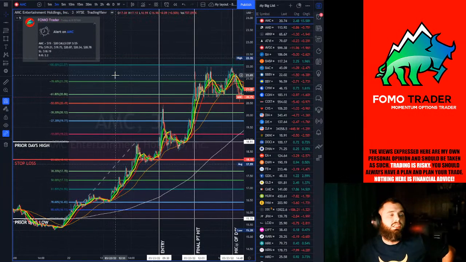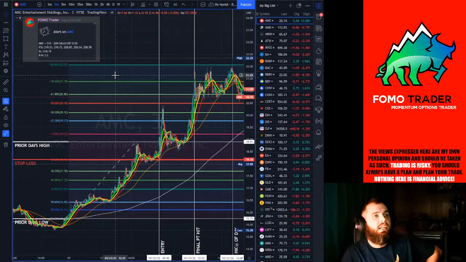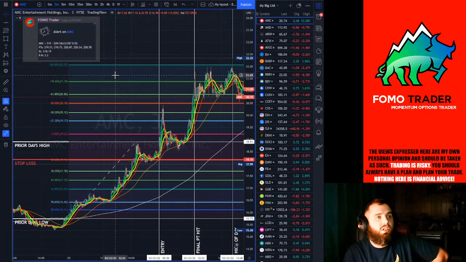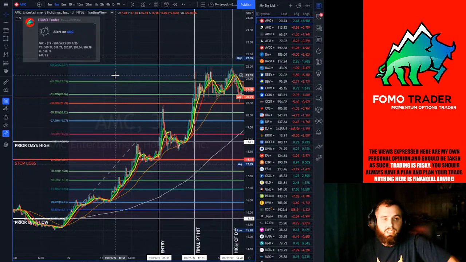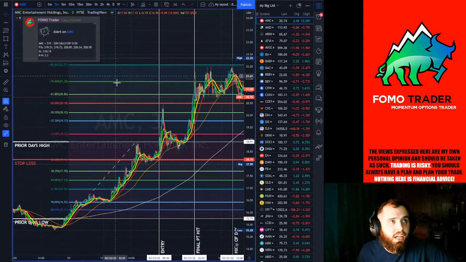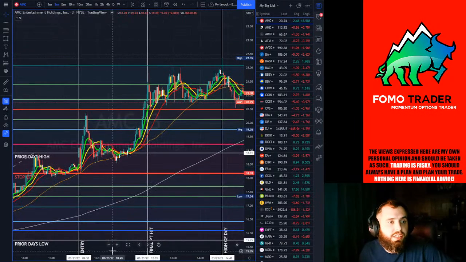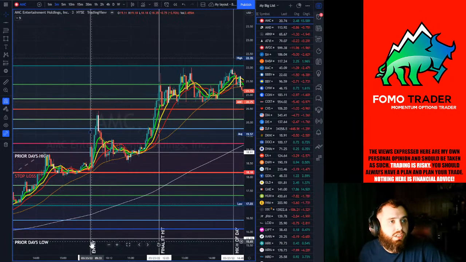The play this morning, sent out at 9:31 a.m., is AMC over 19, enter the $20 calls, expiration March 25th. I entered those right on this candle and then immediately saw a big red candle. I should have gotten stopped out, but for some reason the stop didn't fill and it left me in the trade.